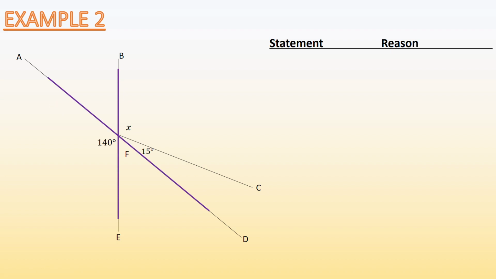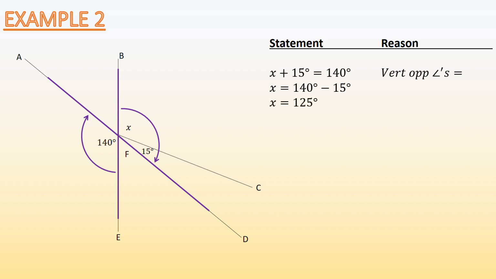There's your X shape. Those two angles will be equal to each other because they are vertically opposite. So X plus 15 is equal to 140. Angles equal. Then I can just subtract the 15 and I get X is 125. If that angle is split, you just have to add them together.